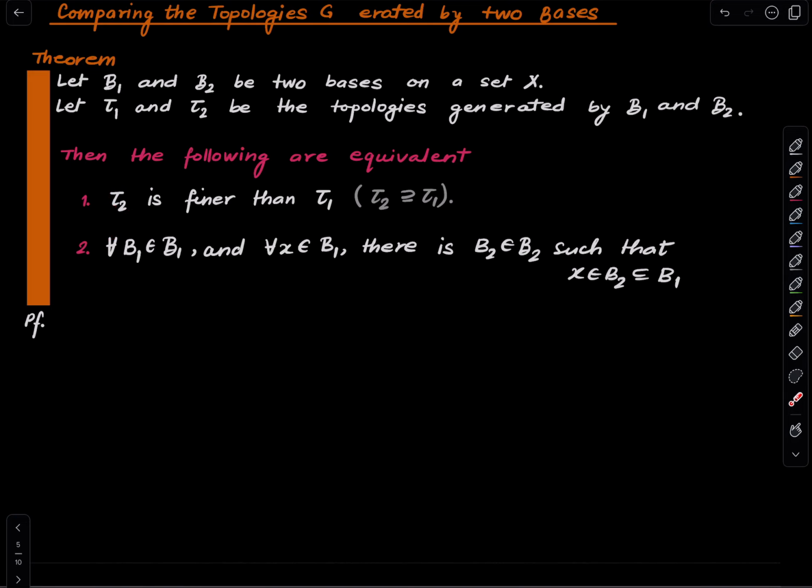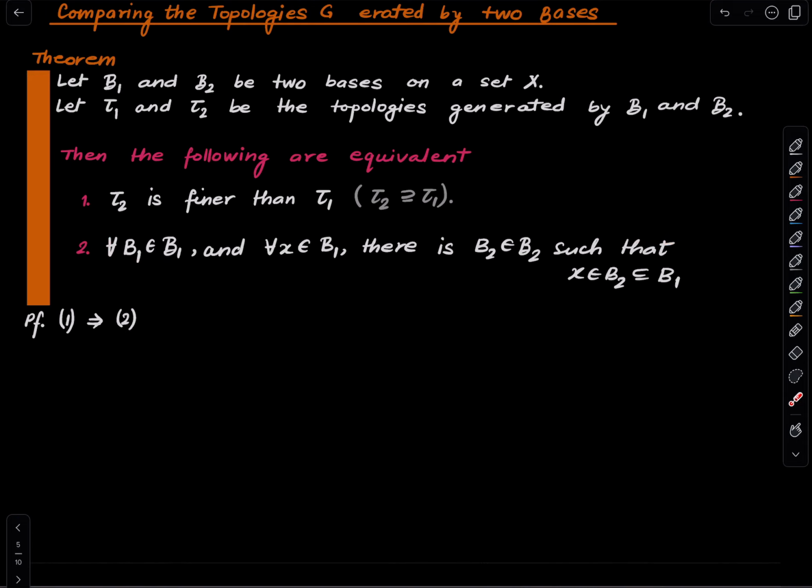And this is more or less an exercise using the previous proposition. Let me try to argue at least some part of it. Let's see why this happens. So assume 1, that tau2 is finer than tau1. We want to show this, which we just paraphrased in a different way.